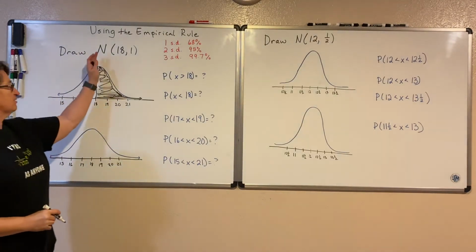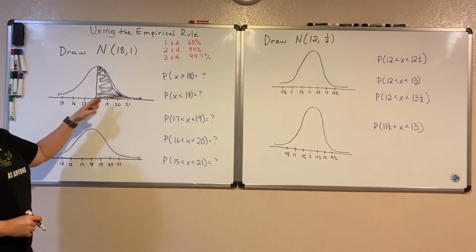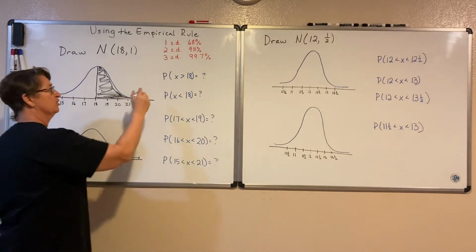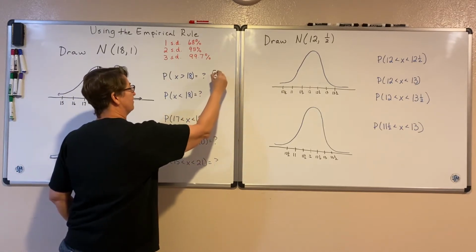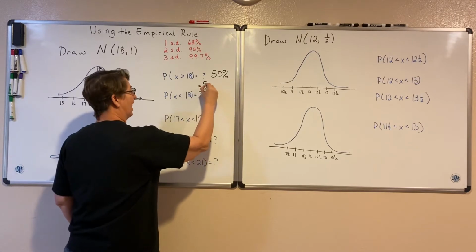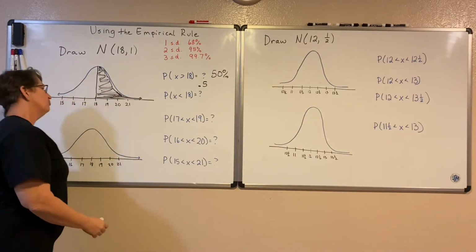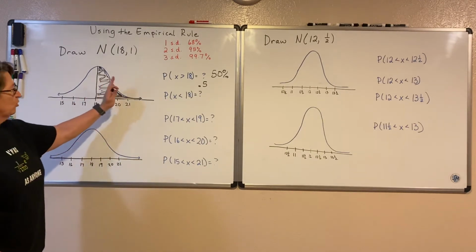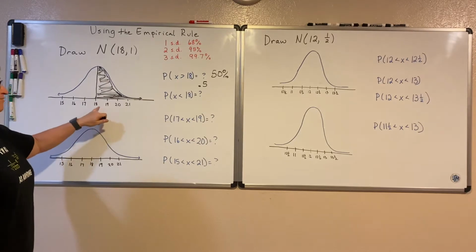It's this nice symmetry. That means half of it is above the mean and half of it is below the mean. So the probability I get something greater than 18 is 50%, or you could say 0.5, because those two numbers are the same thing. So 50% of the area under the curve is above 18.